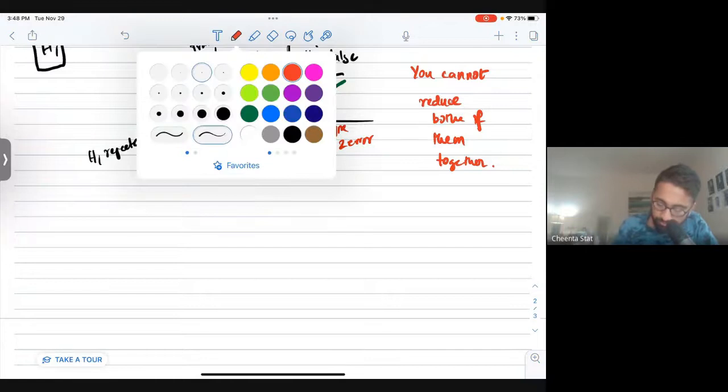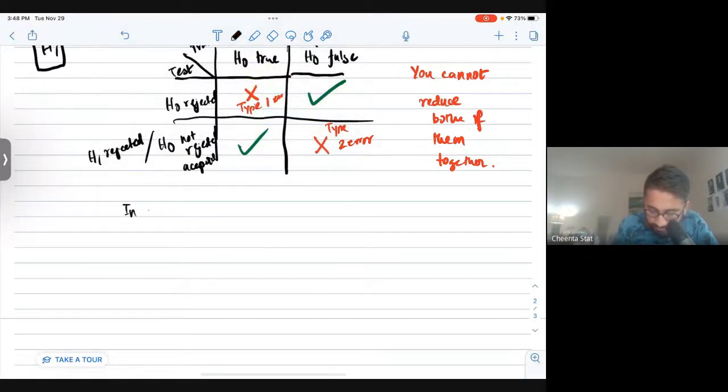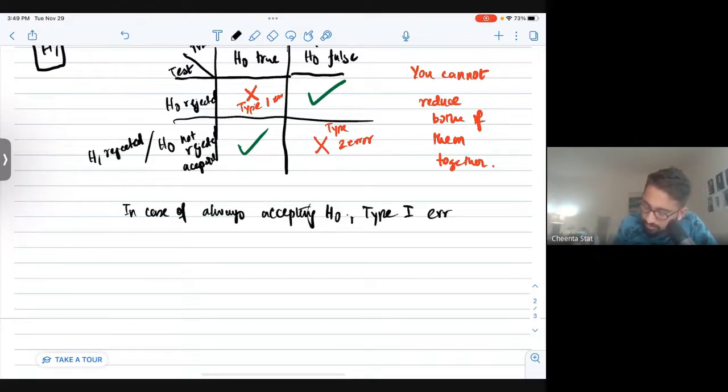In case of always accepting H naught, type 1 error is 0 because H naught is never rejected, so type 1 is always 0, right? But type 2 error will be maximum, really huge.